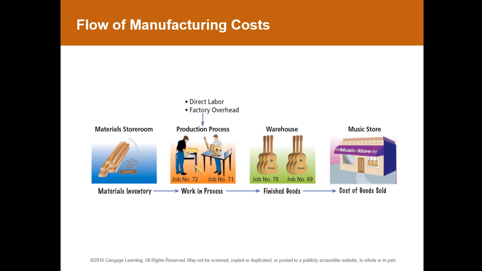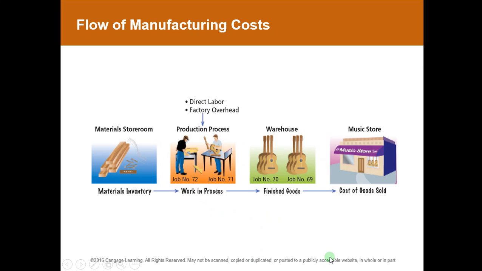They have become new inventory. They're no longer raw materials, they are now work in process. All of the costs associated with building that guitar will accumulate now in work in process. Any labor that is attributable to that specific job will go into that as direct labor or indirect labor.